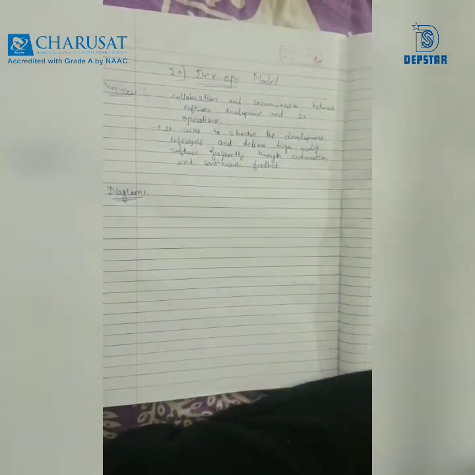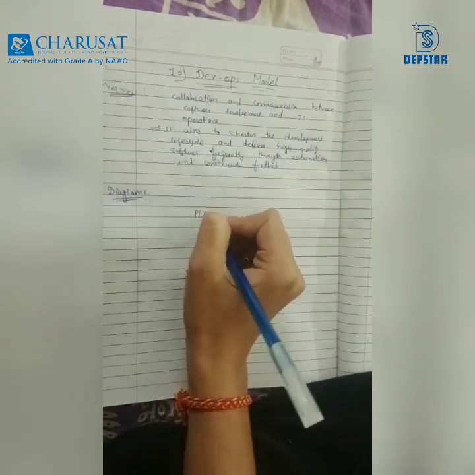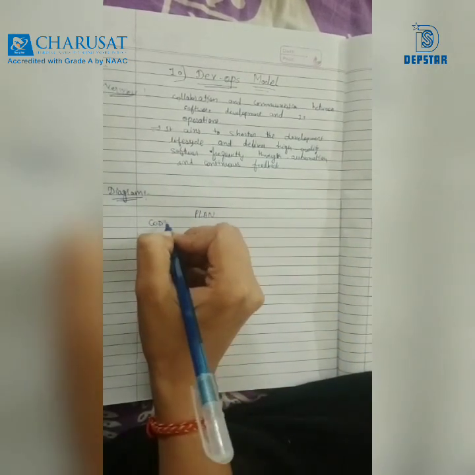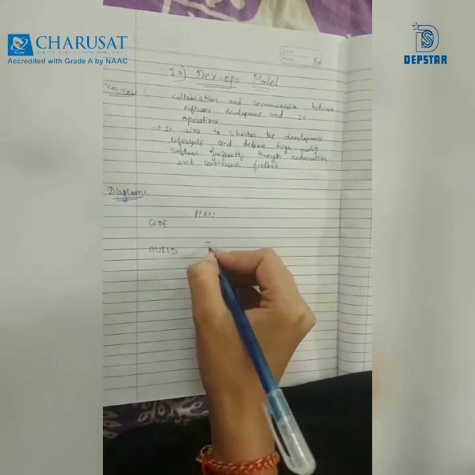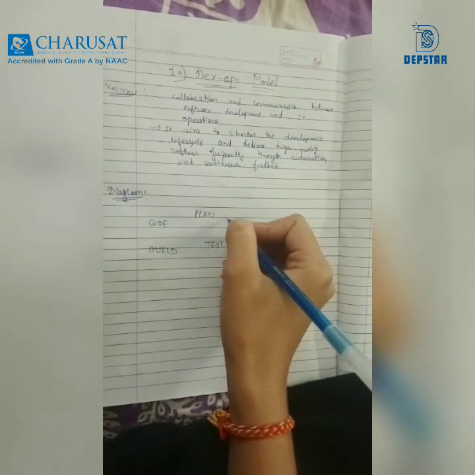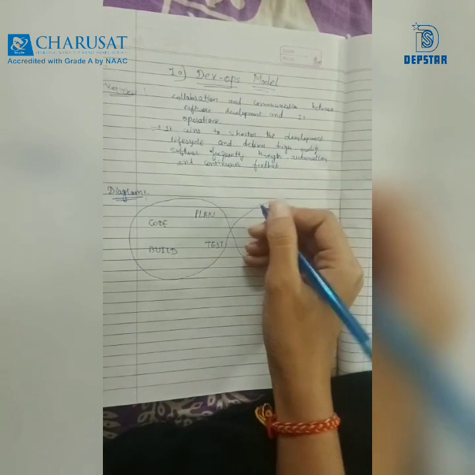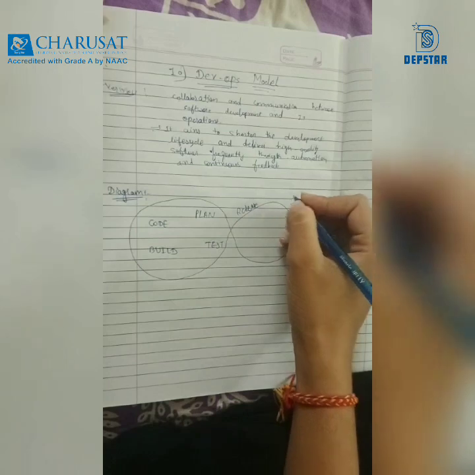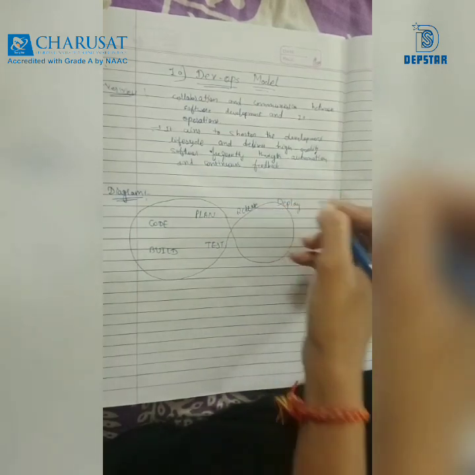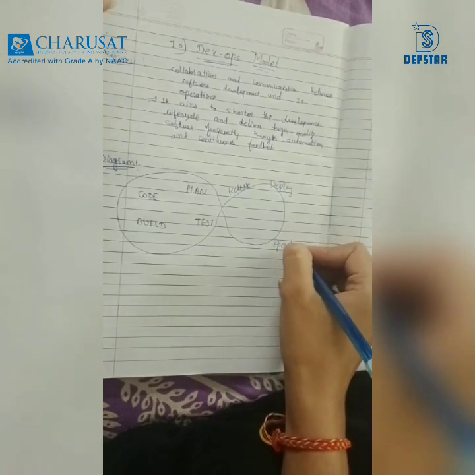Let's look at the diagram of the DevOps model. The DevOps model is about plan, code, build, and test. This is the development side. Then release, deploy, operate, and monitor.